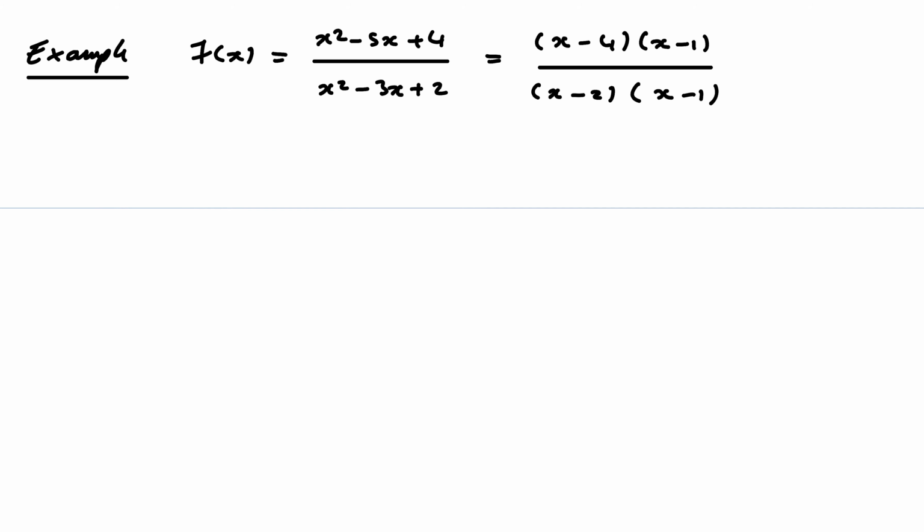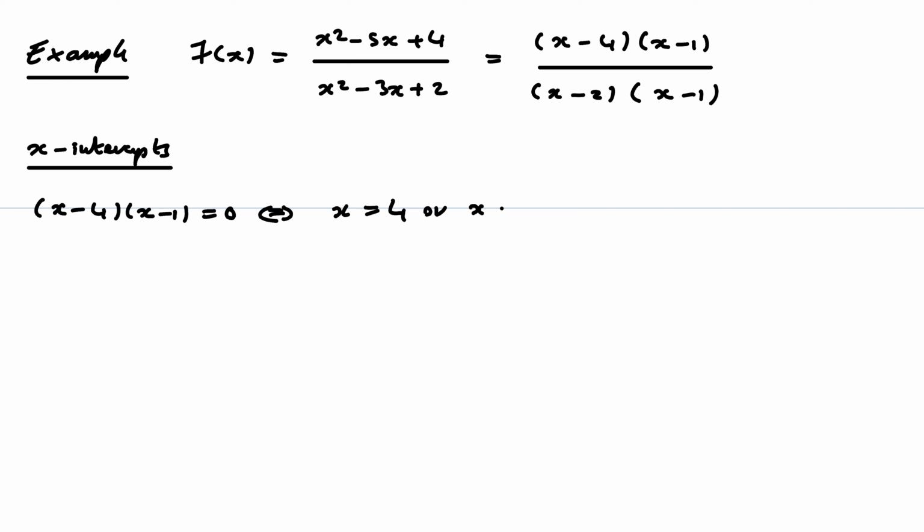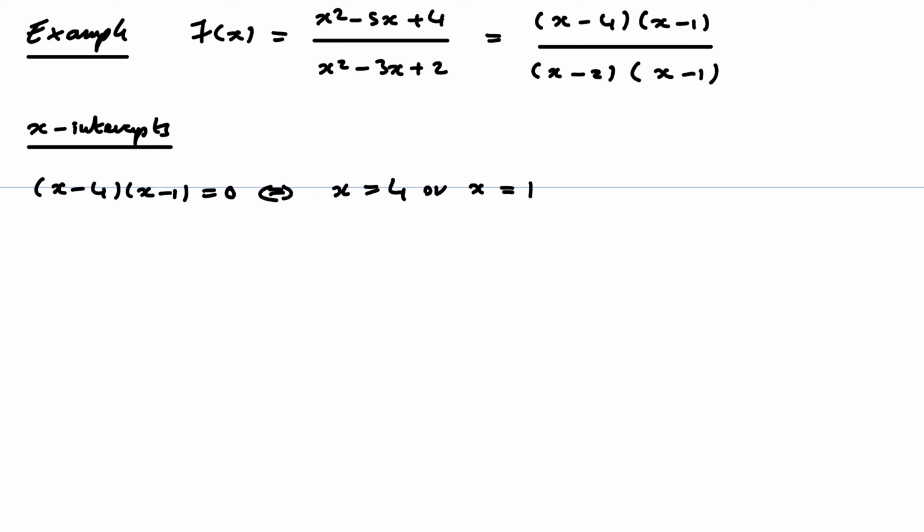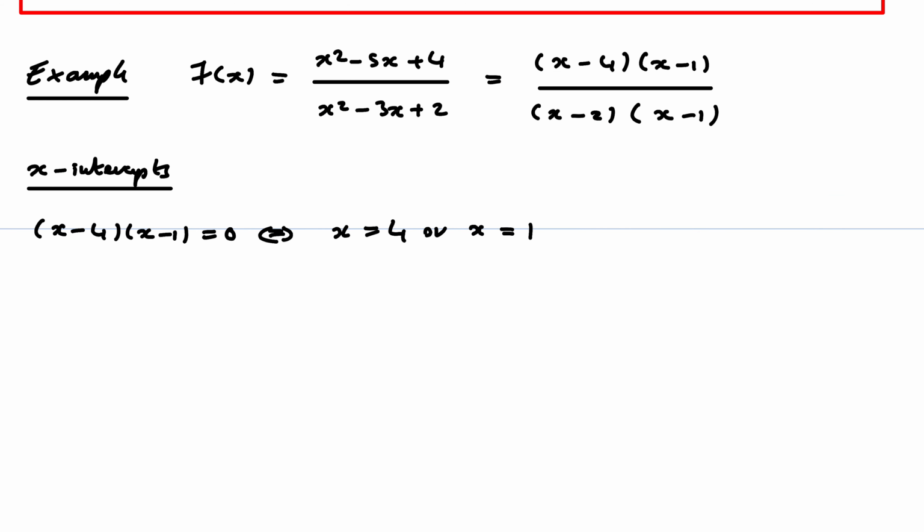So let's do x-intercepts first, shall we? We might as well do them because we've been doing them all along. So for x-intercepts, to start off with, we need x minus 4 times x minus 1 to be equal to 0. This is if and only if x is equal to 4 or x is equal to 1. Now we've got to be a bit careful. Unfortunately, if this is p of x and this is q of x, what do we see?